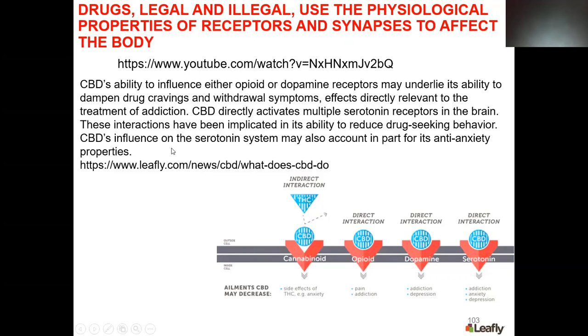addiction. Now, I put this website on here because you can see that CBD has the ability to work with different receptors, whether it's pain receptors or different neurotransmitter receptors, in order to help get people off of drugs. So it is something that is really remarkable when it comes to brain health.